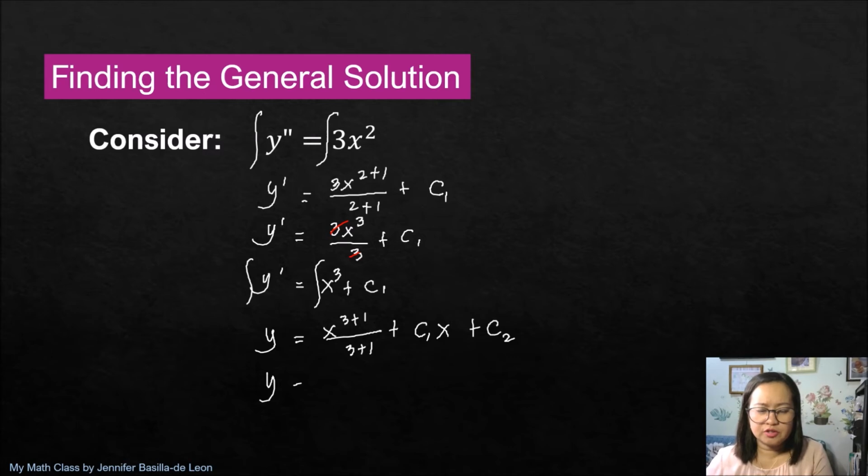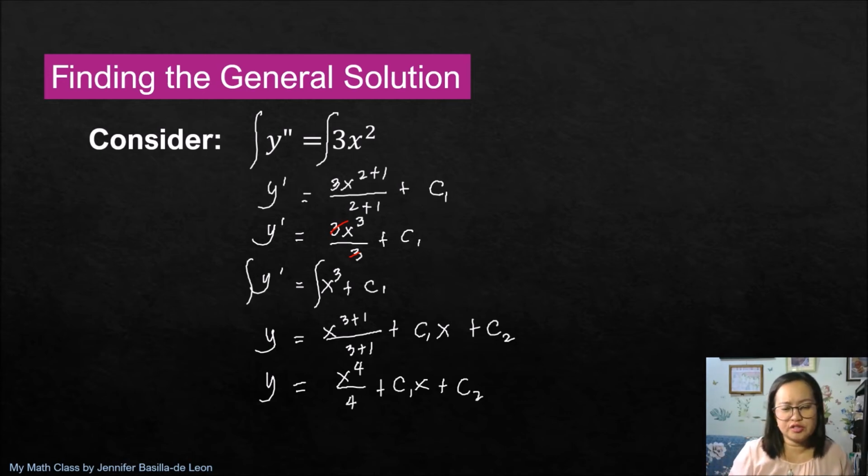Simplifying, hence we will have the general solution. So the original function is y equals x raised to the fourth power over 4 plus c sub 1 x plus c sub 2.